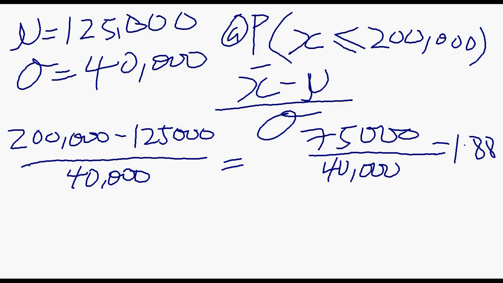But using the calculator, as I always say, it is very simple and straightforward. What we will do is press mode and then choose 3, then we press AC. Then I will press shift and then 1, and then we choose 5, which is the distribution. Then we choose 1, which is P. Then we put in 1.88.